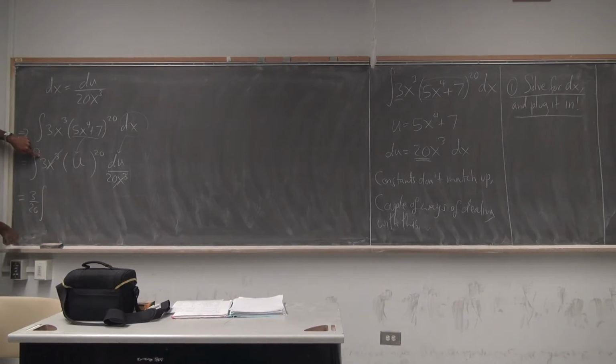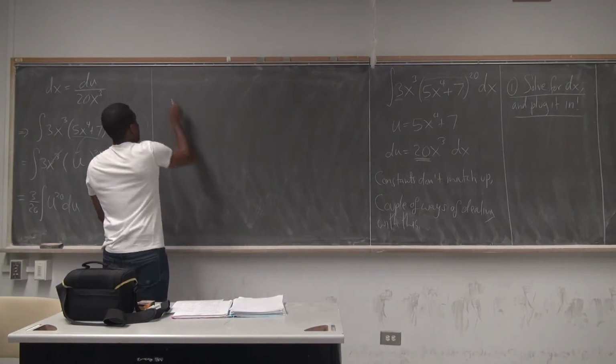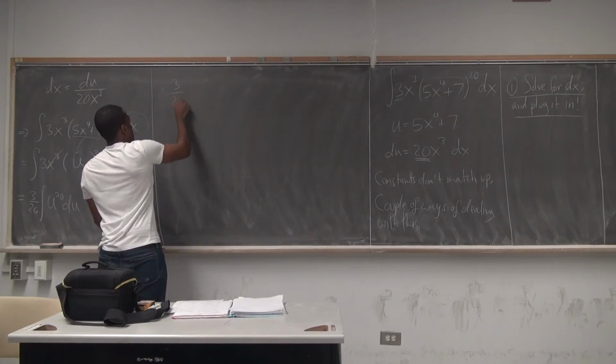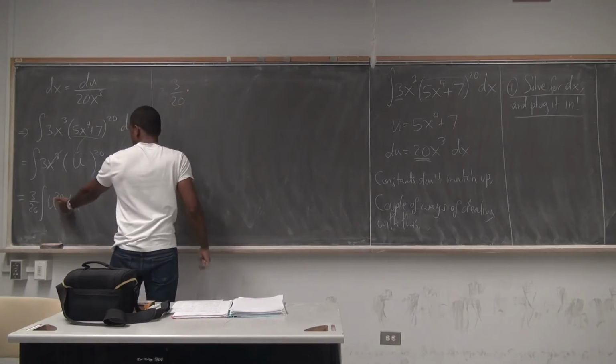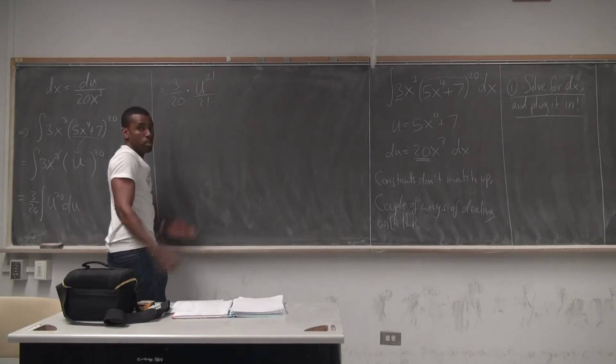And what will I be left over? Just u to the 20, right? du. Now that, it's a basic rule, that's just power rule. So what I would get is 3 over 20, I'm just going to leave that constant there. Just do the power rule here. U to the 21 over 21.